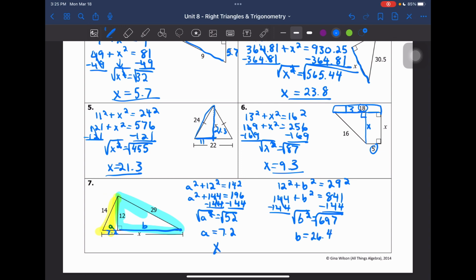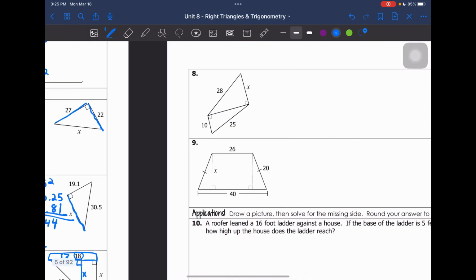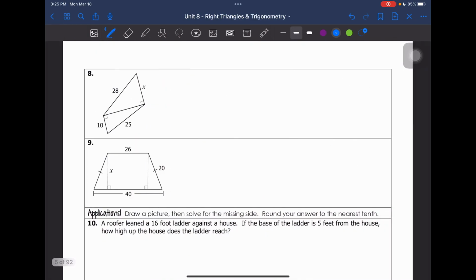So to find x, I need to add my A and B. So 7.2 plus 26.4, that is 33.6. So that would be the answer there. It's kind of a more complicated problem. And it's just going to keep ramping up.